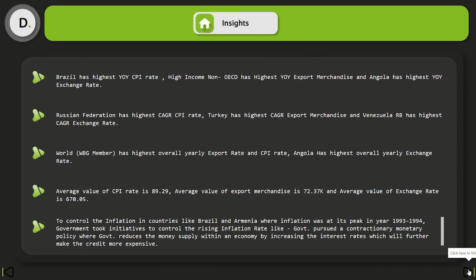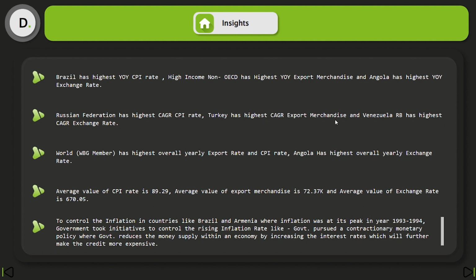Moving to the next page, which is the insights. So Brazil has the highest year-on-year CPI rate. The high income non-OECD has the highest year-on-year export merchandise, right? And Angola has the highest year-on-year exchange rate. Now, the Russian Federation has the highest CAGR CPI rate.